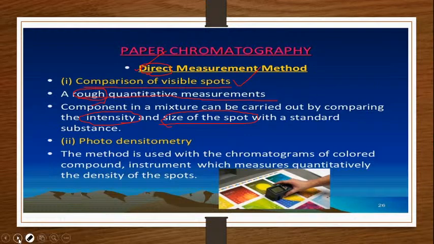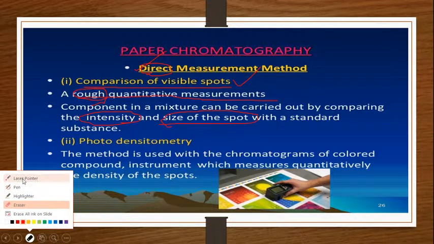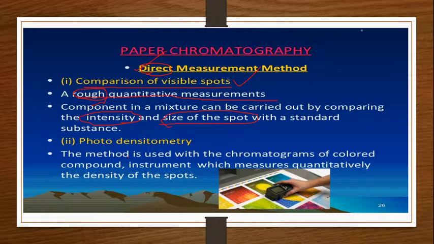So if you have any chromatogram with you, this is the chromatogram, and this is the baseline, as we all know. This is the so-called reference substance, or standard substance, and this is sample A, which is under analysis.